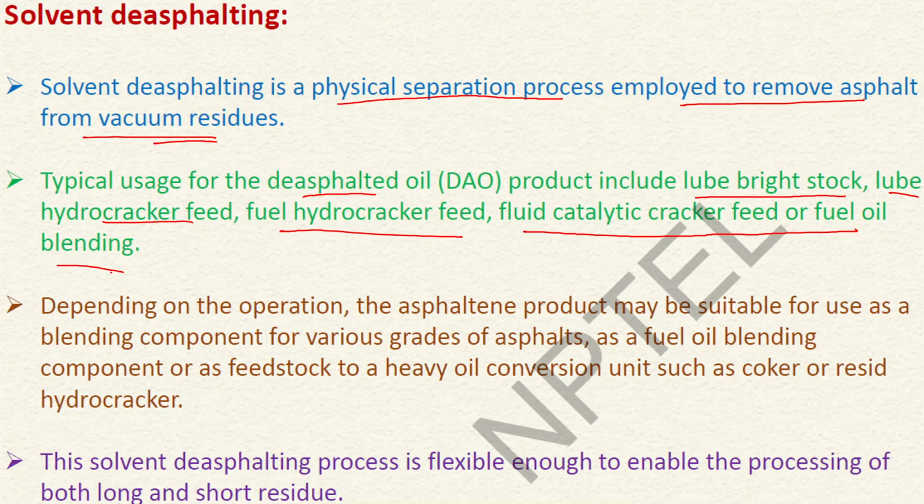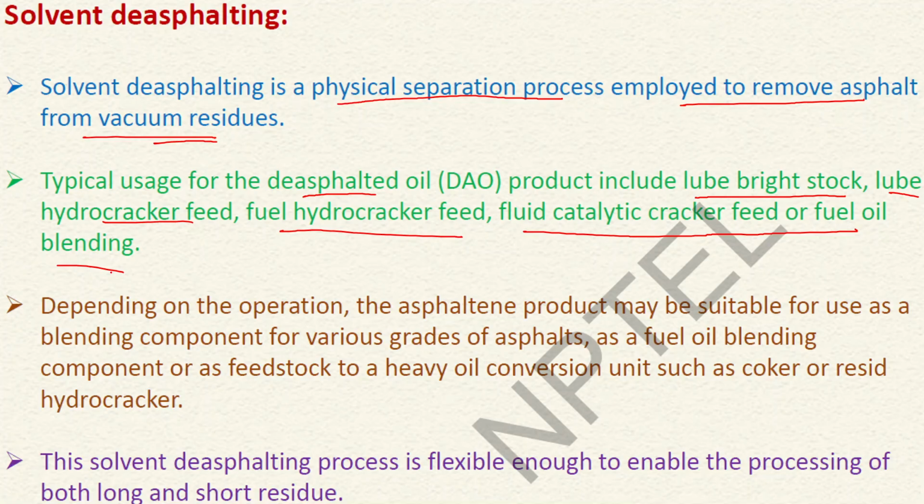Lube bright stock is basically lube bearing vacuum residue from which the asphalt content is removed using a solvent. Then lube hydrocracker feed: this lube bearing deasphalted oil can be sent to the hydrocracker.